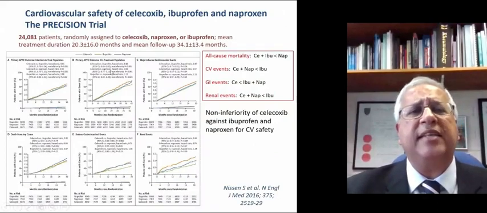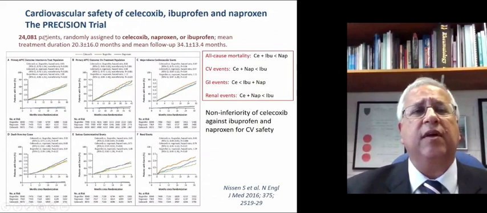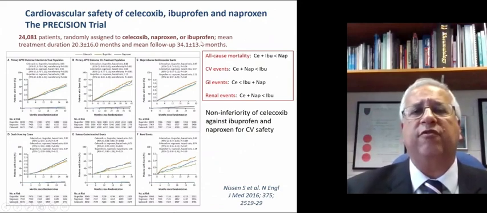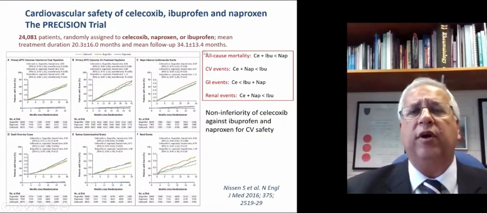And probably the best RCT data is from the PRECISION trial, 24,000 patients randomly assigned to celecoxib, naproxen, or ibuprofen, and then followed forward over 34 months.